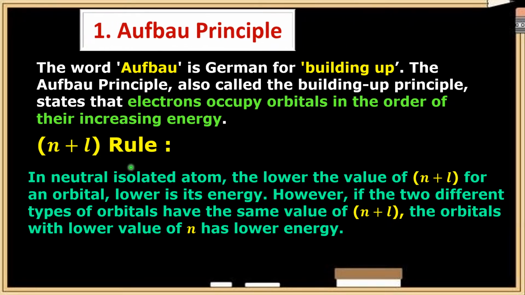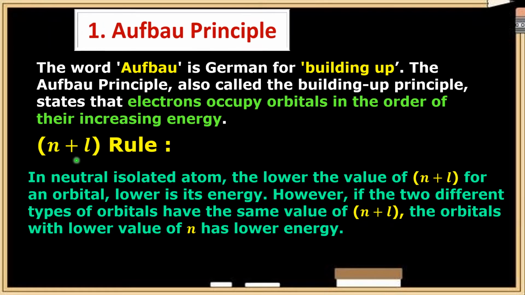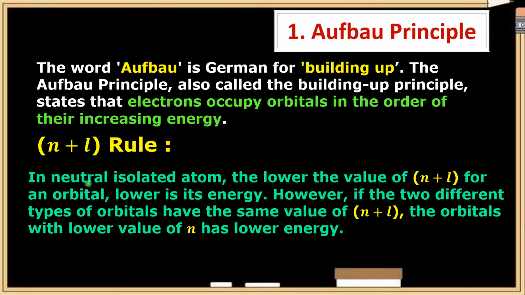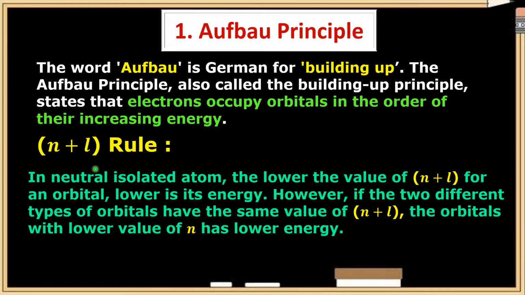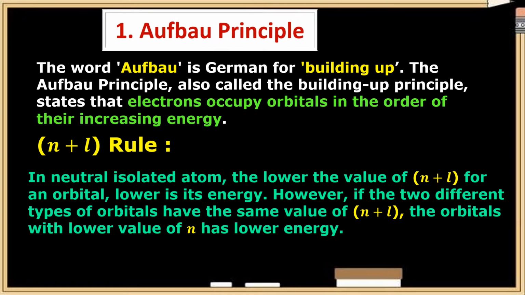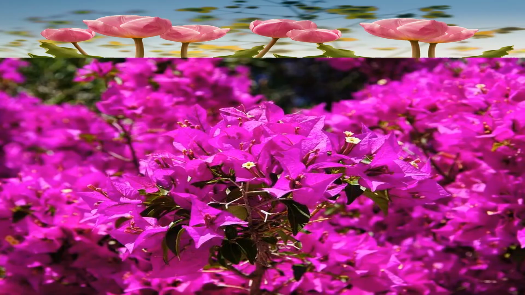If two orbitals have the same n plus l value, then the orbital with the lower value of n has lower energy, isn't it? See here, here I am going to show you the l value and name of the orbital.